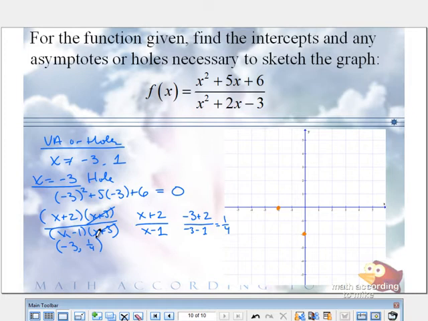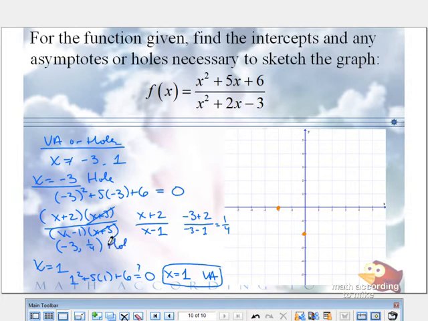Alright, one more. Let's plug in 1. If we plug 1 into the numerator, 1 squared plus 5 times 1 plus 6, does that equal 0? No. So what happens at x equals 1? Vertical asymptote. Forgot to write hole before.